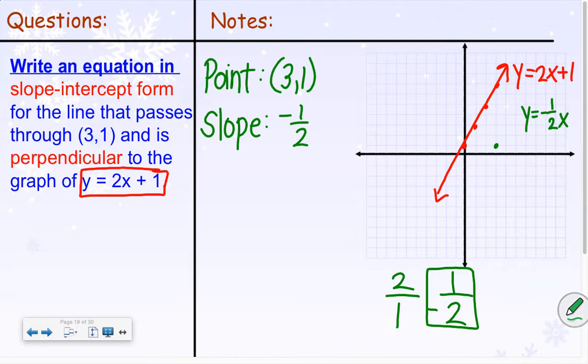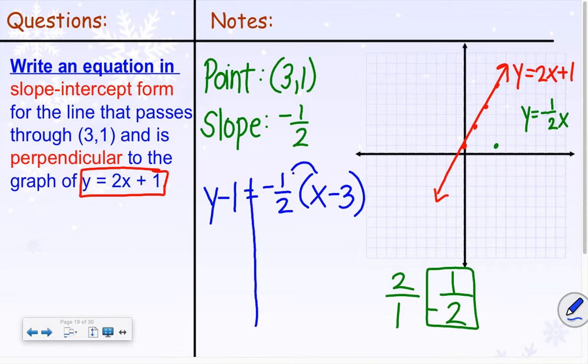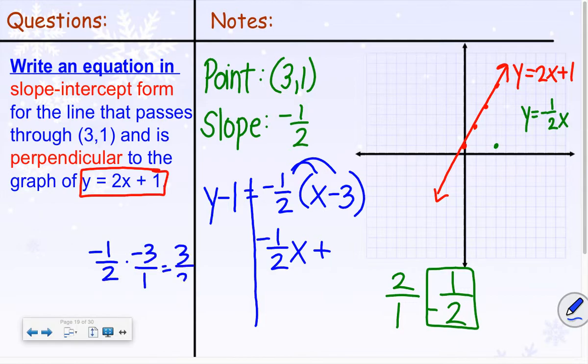All right, let's take our point and our slope and put it in point-slope form. And distribute. So -1/2 times -3/1. So this one again is going to give us a decimal.